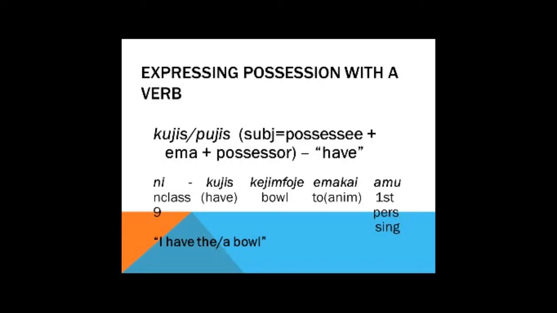Kuyis, where you're talking about just in general terms; puyis, where you're talking about kin or an associate or a friend, etc. The structure, the mechanics of the structure are a bit different to English. It's better understood if you think of it this way. So if you want to say something like I have a bowl in Latropeth, what you're literally saying is a bowl is to me.